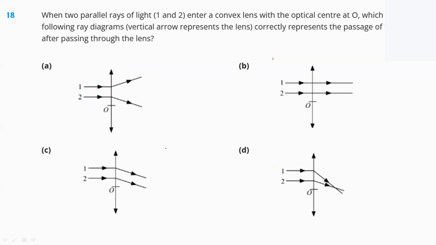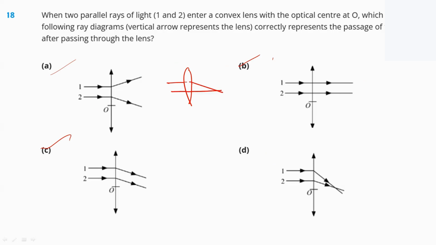Here in the first case rays are possible, second is also possible, third is also possible, but A is not possible because again we're talking about a convex lens. So for convex, all the rays of light should converge.